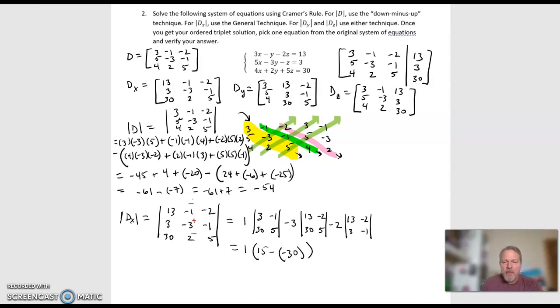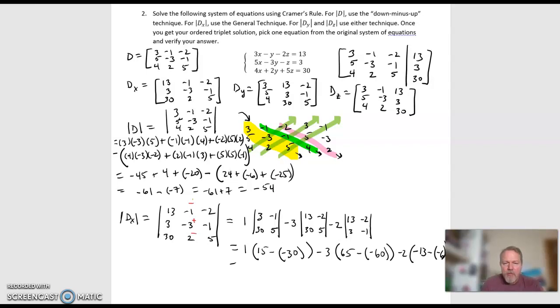So 1 times that answer. Negative 3 times 13 times 5 is 65. Subtract off 32 times negative 2 is negative 64. And finally, negative 2 times 13 times negative 1 is negative 13. Subtract off 3 times negative 2 is negative 6.